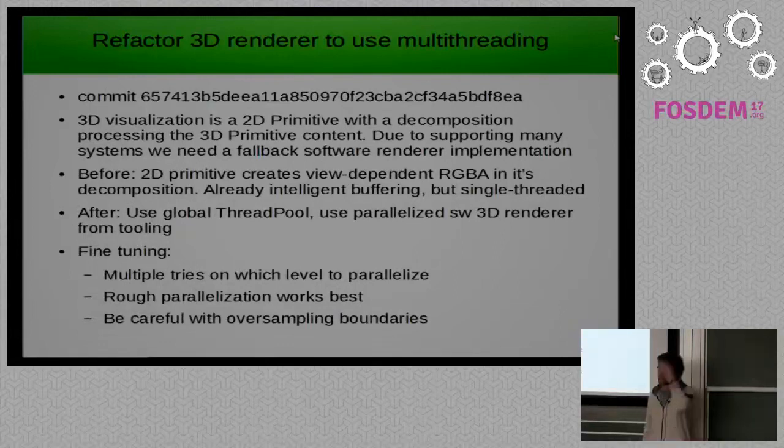That would be no problem. You can just implement a primitive renderer which converts the 3D primitive geometry definition completely to this RGBA bitmap, so just a replacement for this fallback renderer. But the fallback renderer will still be needed even in the future.